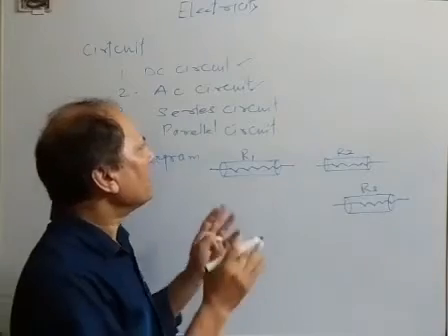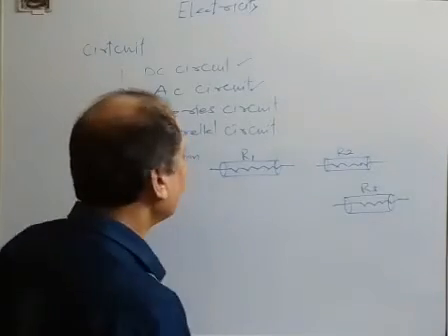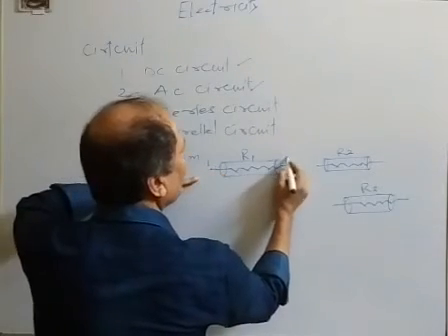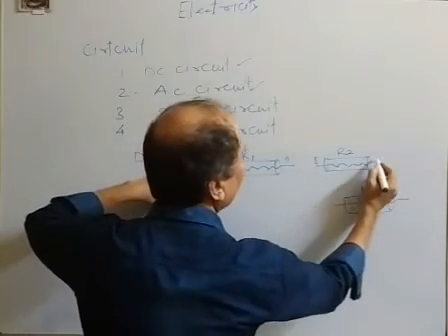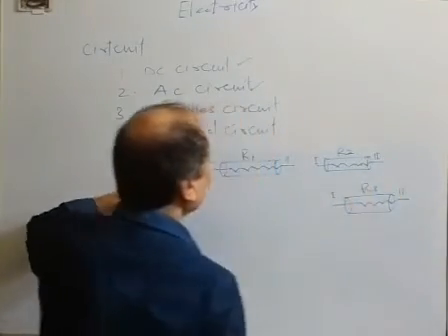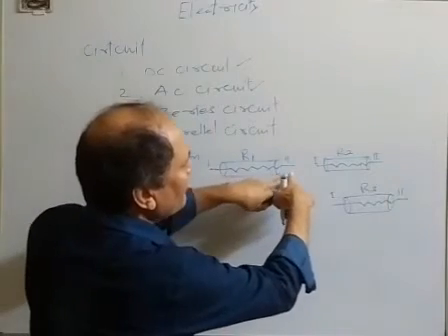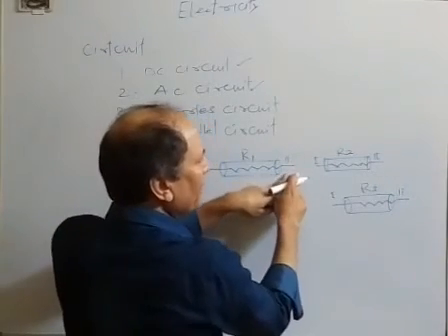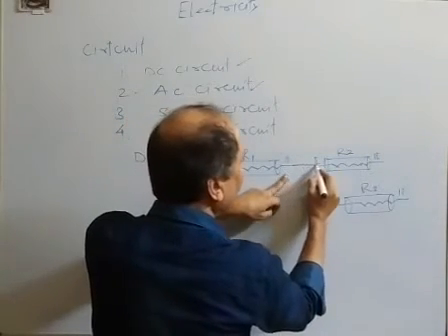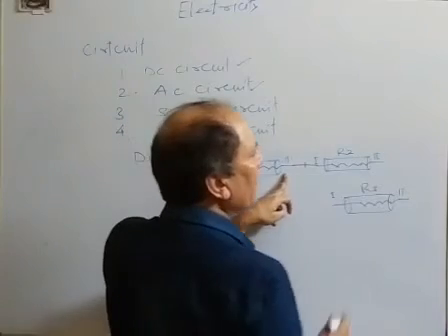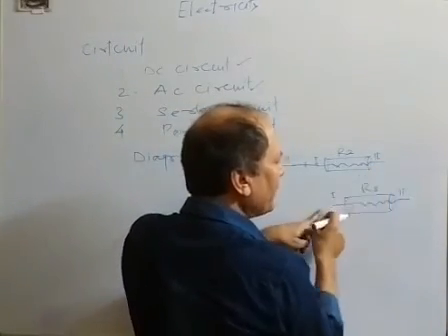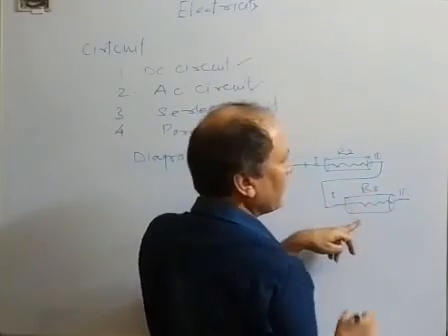So for series pattern, we will connect them. First terminal, second terminal, first terminal, second terminal, first terminal, second terminal. Second terminal of first resistor is connected with first terminal of second resistor. Now, second terminal of second resistor is connected with first terminal of third resistor.